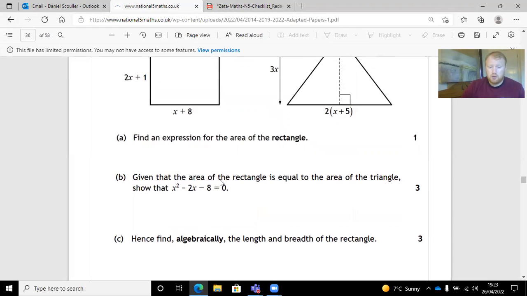This one is relatively simple. It's in paper 1, so it's going to be non-calculator, so you should be able to do this without using the formula. Okay, so find algebraically the length and breadth. That's just looking for you to find the factors.